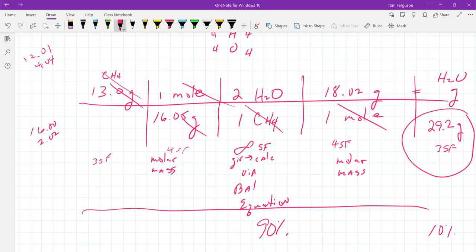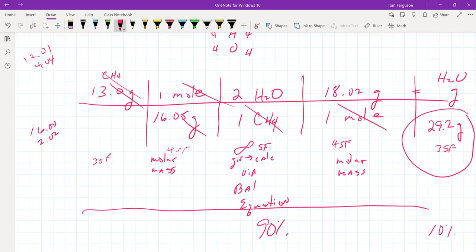Okay, so 99% of your simple stoichiometry problems are going to look like this. You have what you're given, you need to convert to moles. Do a mole-mole relationship from the balanced equation. And then convert the moles of what you're trying to find back to whatever units the problem asks for. So for example, in the case of gaseous liters at standard temperature and pressure, this is not going to be grams per mole, it's going to be liters per mole.